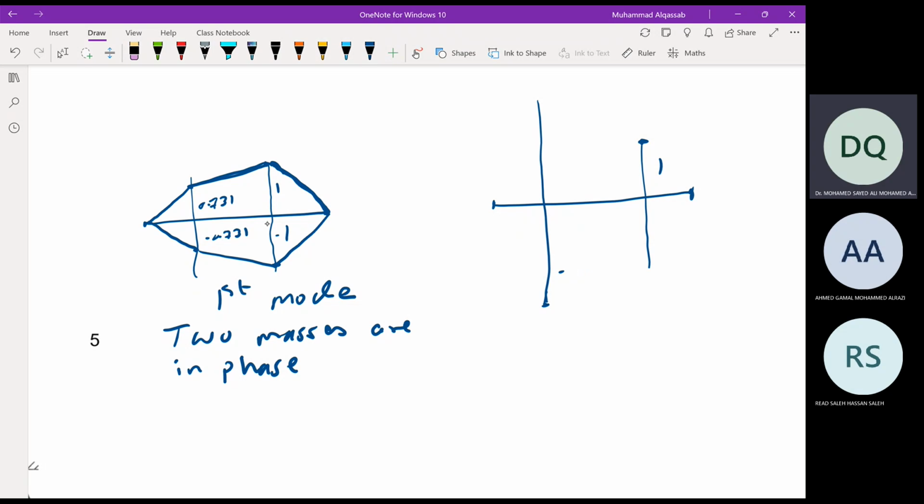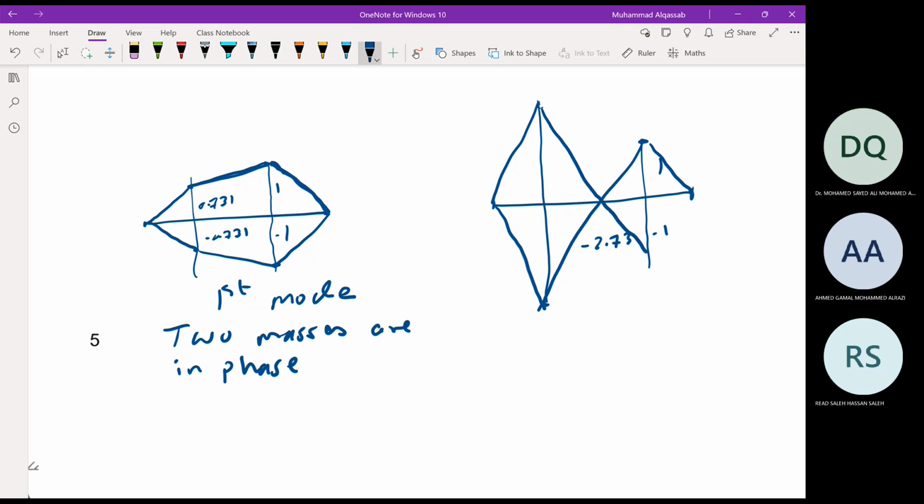Okay, I'll put it on this side. And then you join the points together. So this is -2.73. And when A2 is -1, then A1 is 2.7. And then you join the points together. So as you can see here, we have internal nodes.